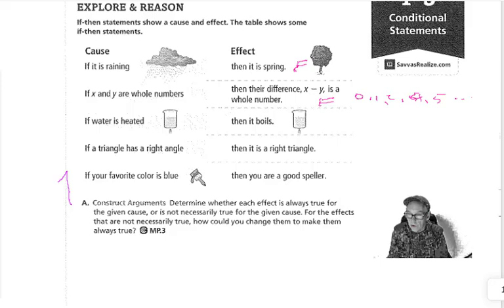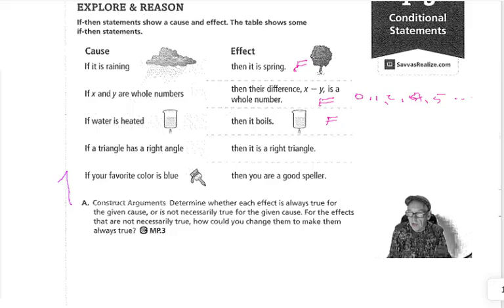Water at sea level will boil around 212 degrees. Water a mile up in the air, like in Denver, might boil at say 200 degrees. So it all depends how far you heat the water. So this could possibly also be a false statement.